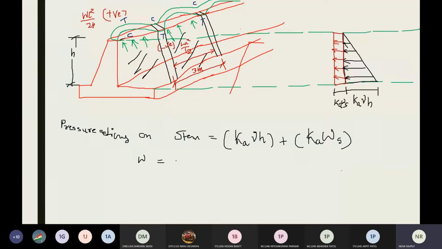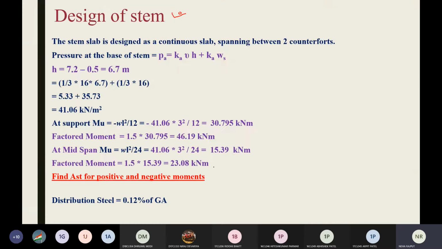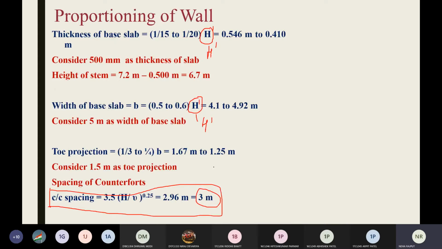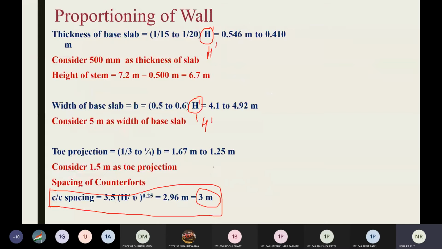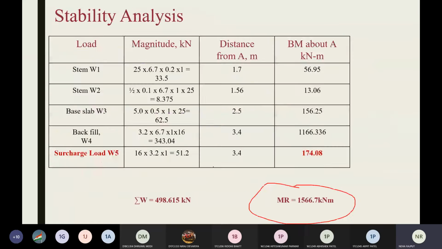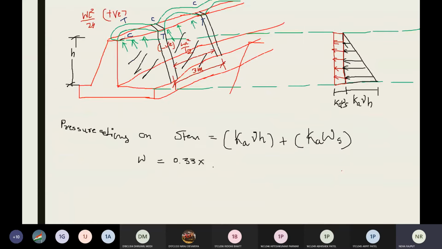Right. So your Ka is 0.33. Then the unit weight of soil is given as 16 kilonewton per meter cube, into the height of the stem.